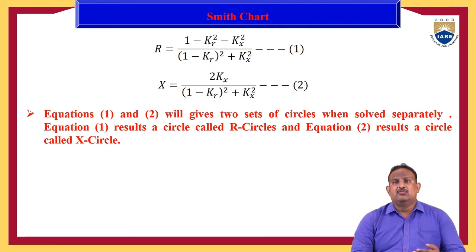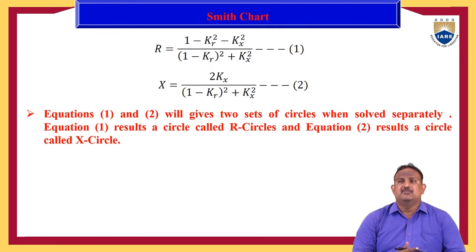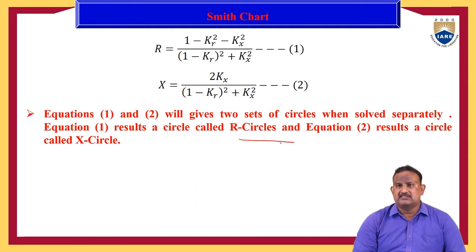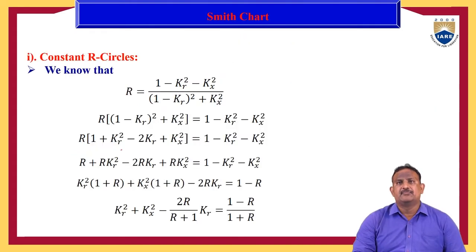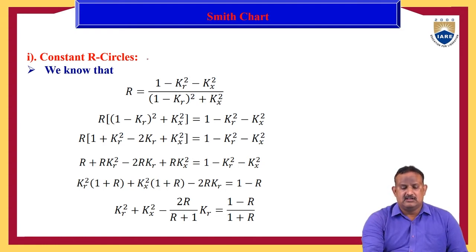Equations 1 and 2 give two sets of circles when we solve them separately. Equation 1 represents the R circle or resistance circle, and equation 2 gives the reactance or X circle. Here we will see the two circles separately, starting with the constant R circles.